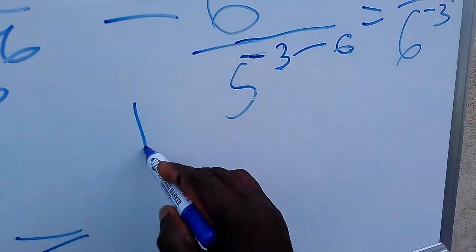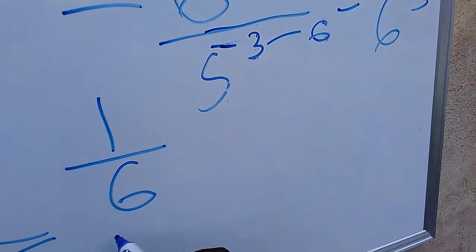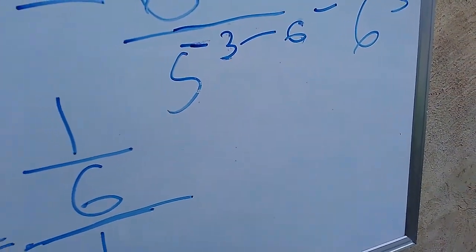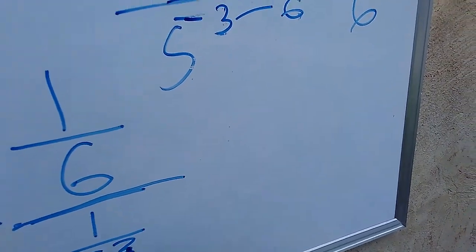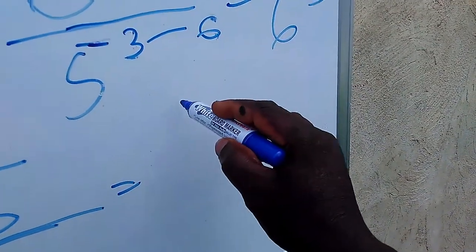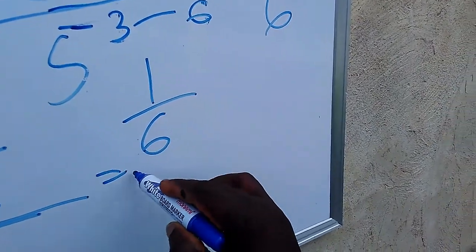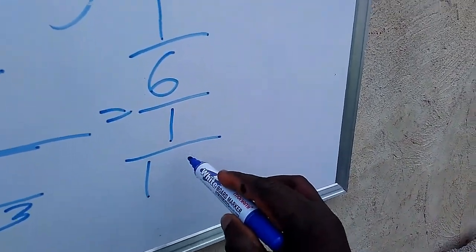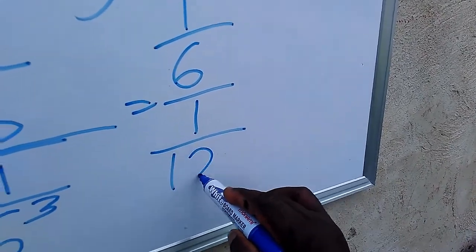It shows that we have 1 all over 6 all over 1 all over 6 raised to the power 3, which will give us 1 all over 6 all over 1 all over 125.